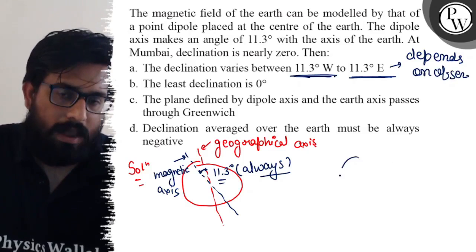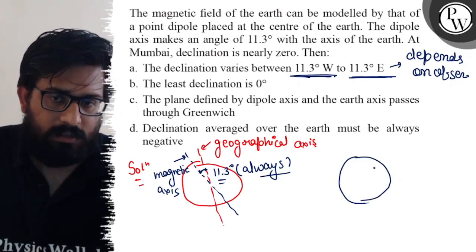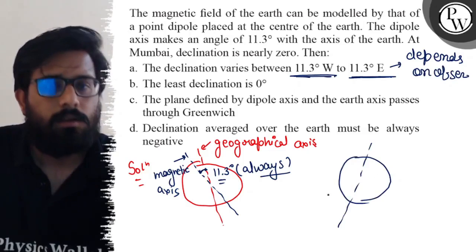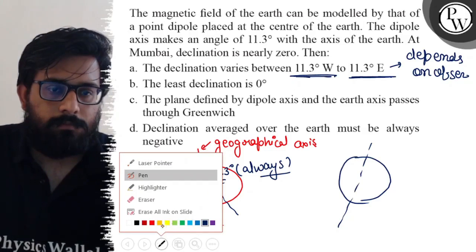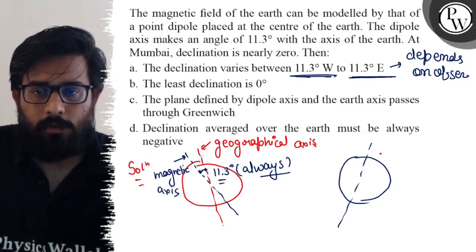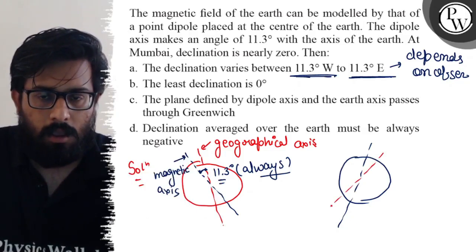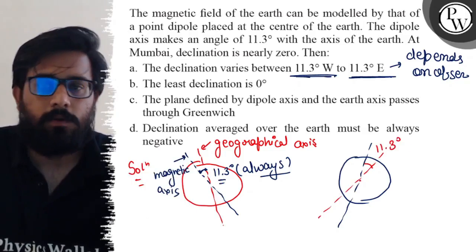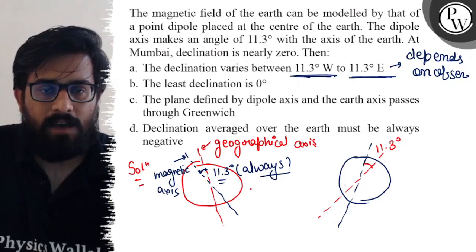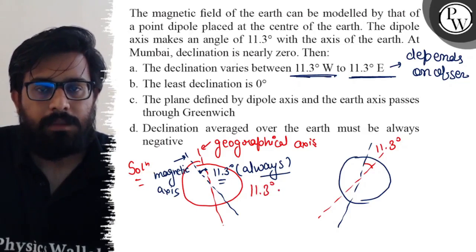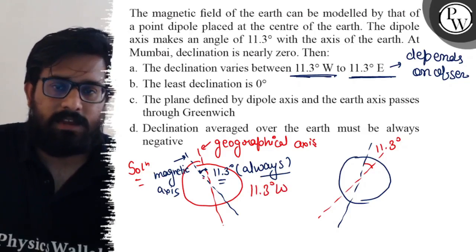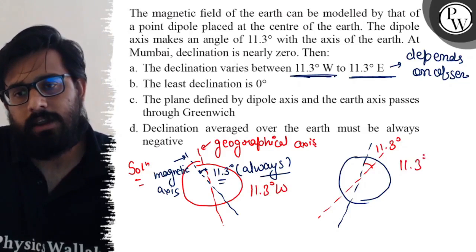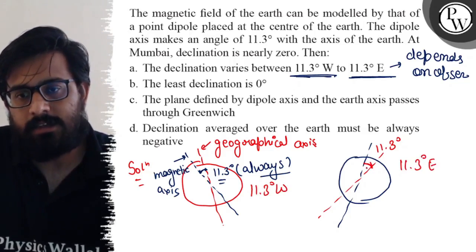Now if you have another scenario in which you are considering the geographical axis like this, then this will be your magnetic axis, and here you have 11.3 degree. In this case you have the angle as 11.3 degree west, since it is in the west direction, and here you have 11.3 degree east since it is in the east direction.